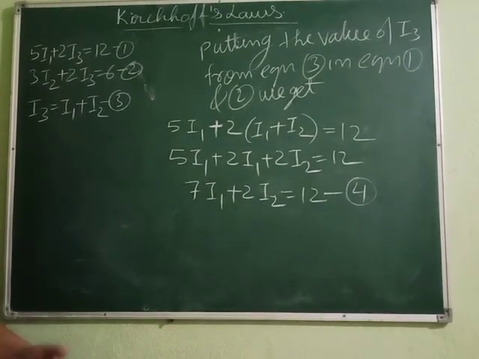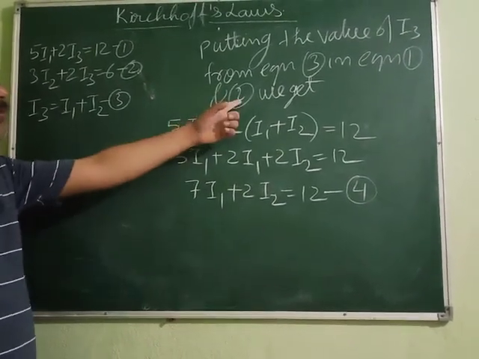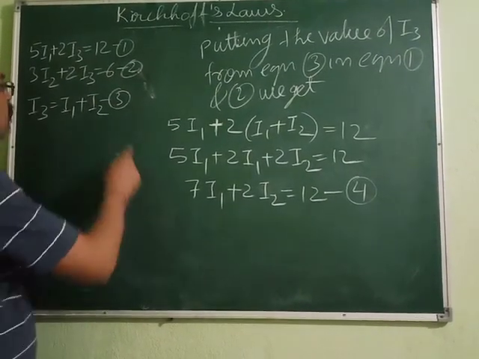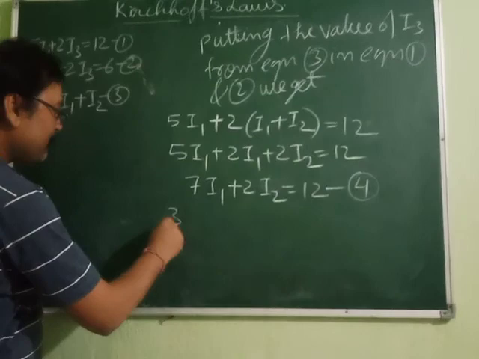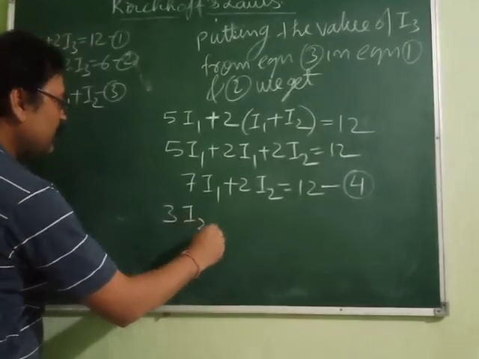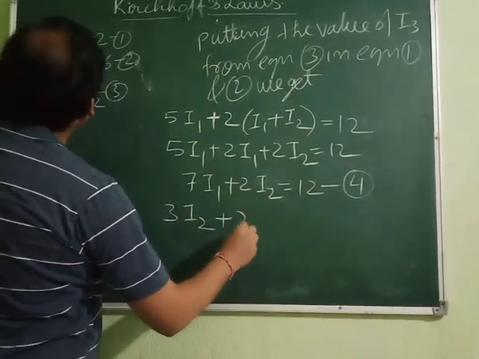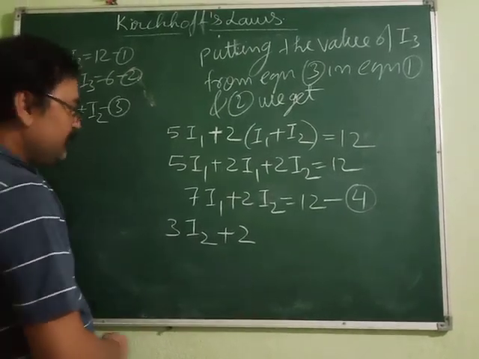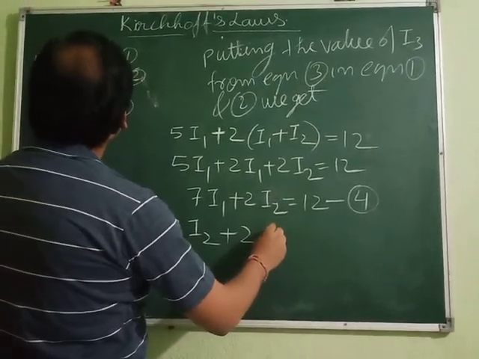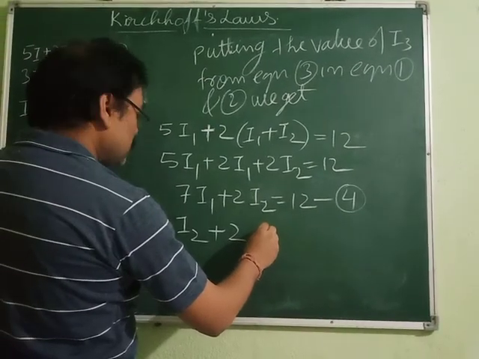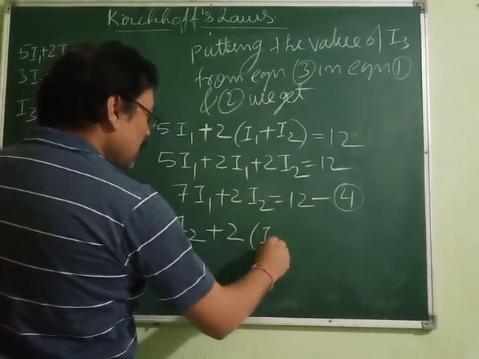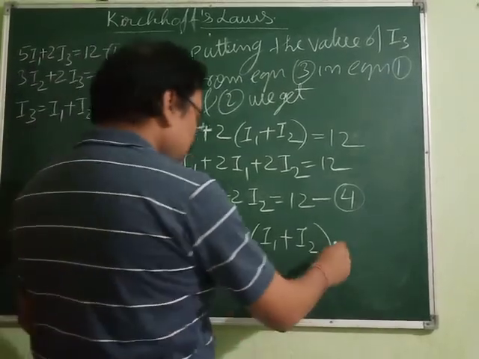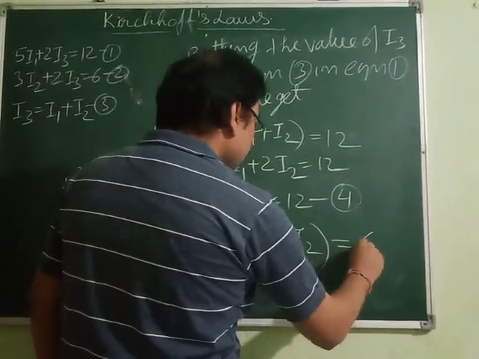Now this is in terms of I1 and I2. Very good. We have to put the value of I3 in equation 2 also. So when we put it in, let's see what we get. 3I2 plus 2 times I1 plus I2, equal to 6.